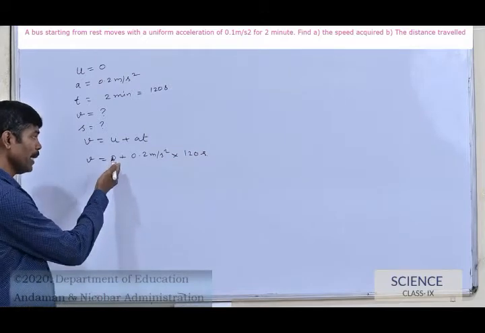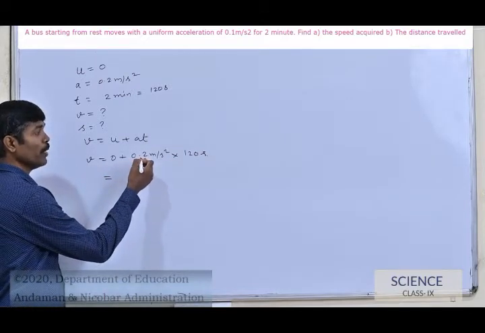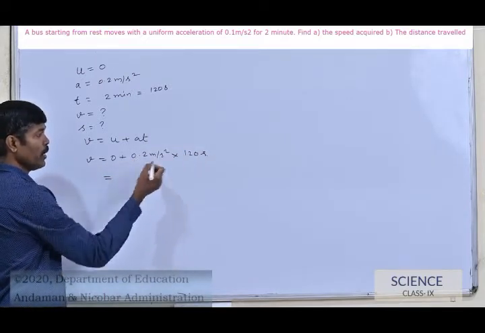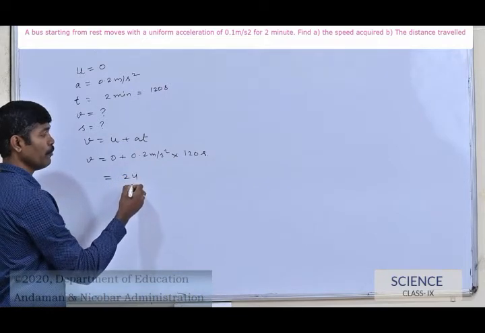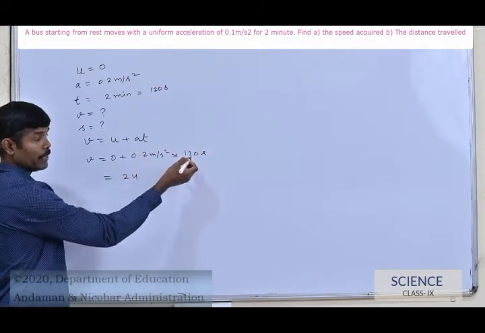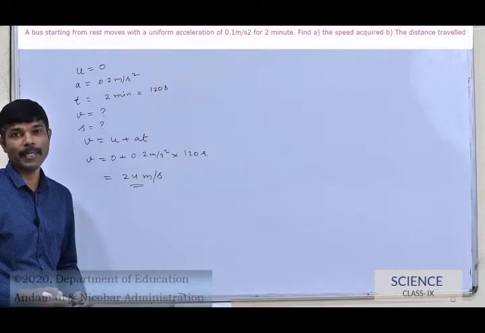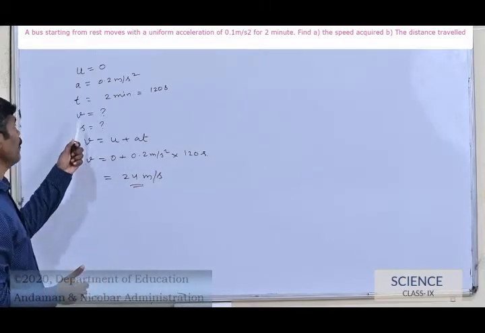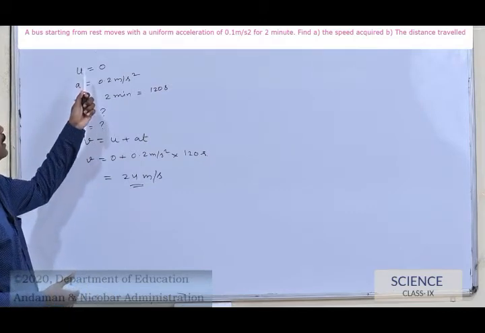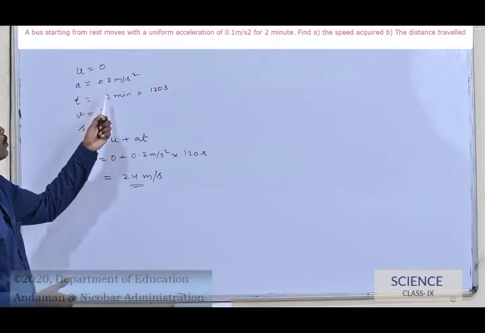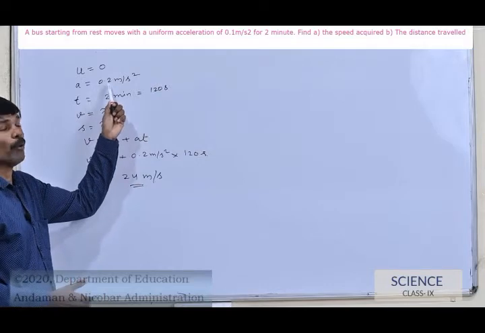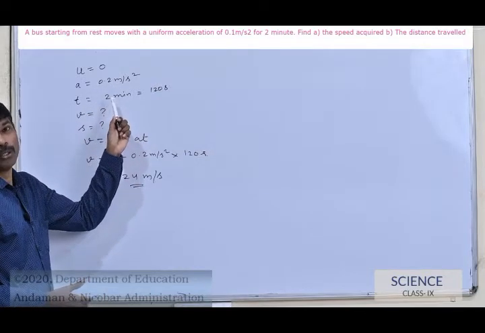So we can neglect 0. 0.2 into 120 gives 24. Here the second gets cancelled, and one second will be there. So 24 meter per second will be the velocity if the bus starting from rest moves with an acceleration of 0.2 meter per second square for 2 minutes.